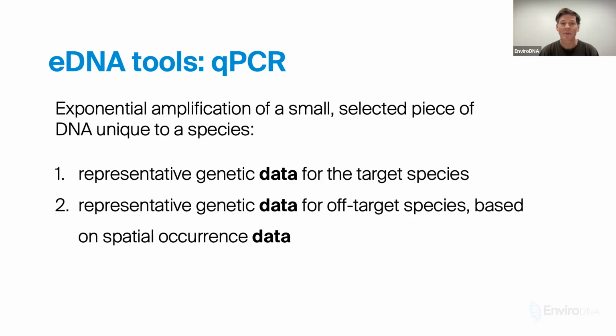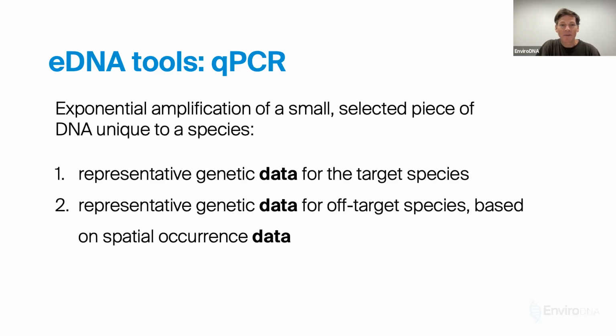So it's based on spatial occurrence data. We may be concerned about a particular species that is in the same genus and co-occurs closely, as far as we know, with the target species. That makes things more complicated. But it is very much a data-dependent process.